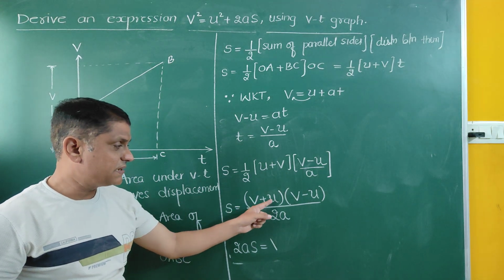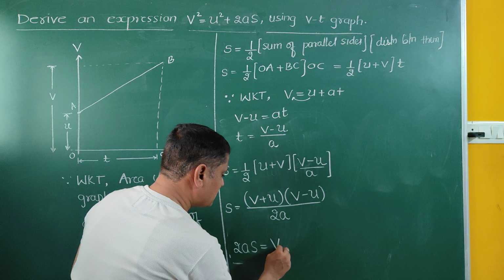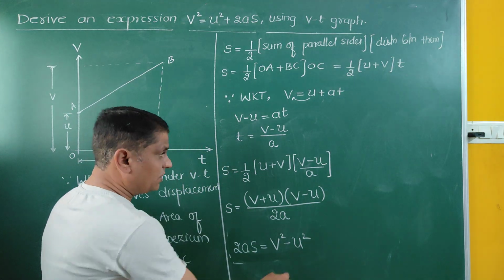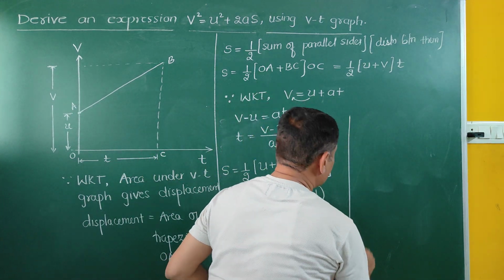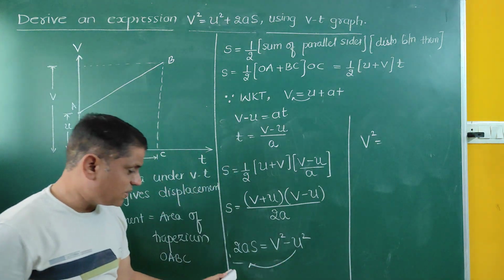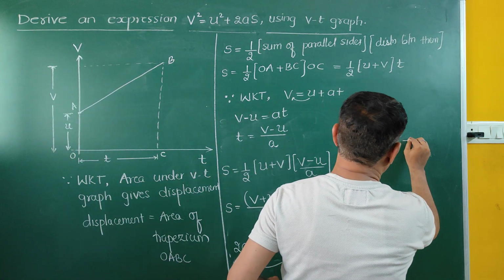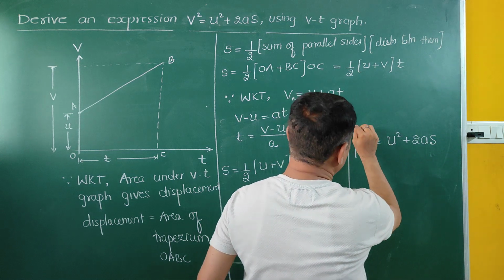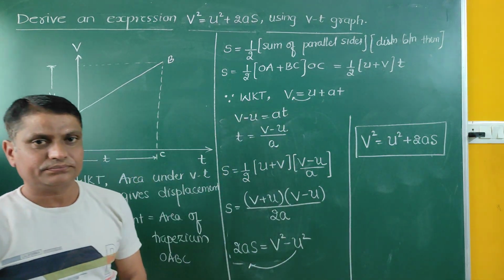Here V plus U into V minus U means V square minus U square. Now bring this U square to this side. Then the final expression is V square is equal to, this minus U square becomes plus U square, plus 2AS.